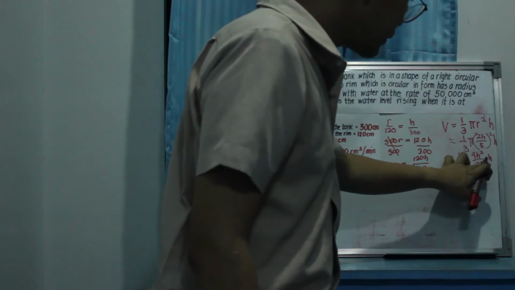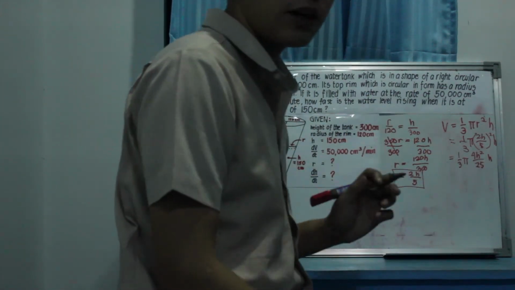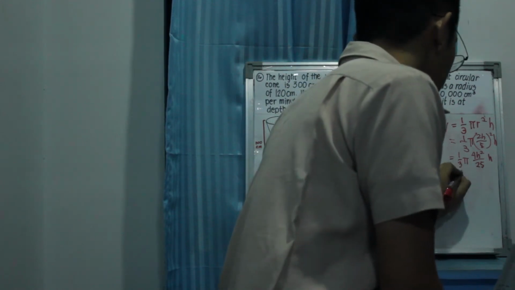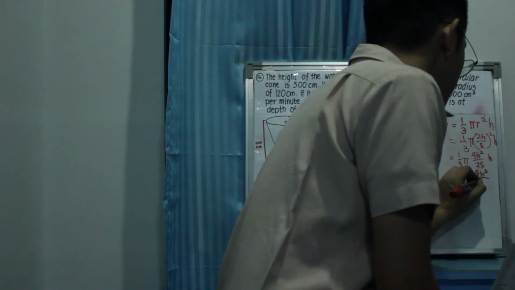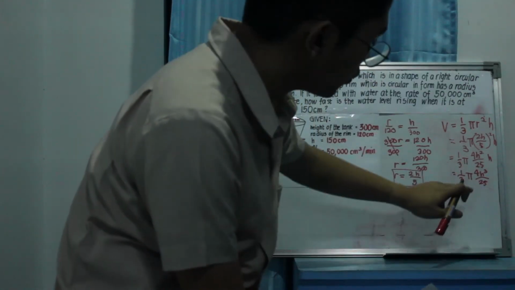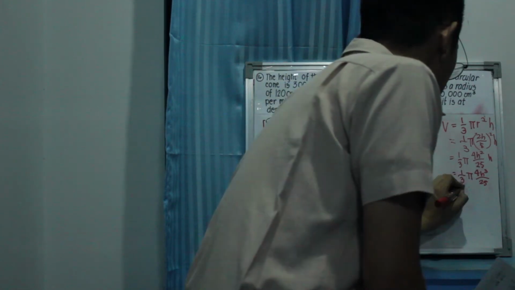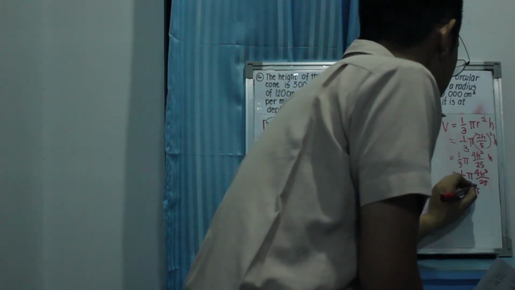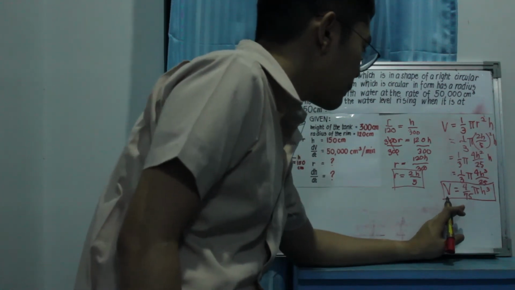So we can multiply h by 4h squared over 25. It will become 1/3 pi 4h cubed over 25. After which we need to multiply the coefficients. So it will become 4 over 75 pi h cubed. So our volume is 4 over 75 pi h cubed.